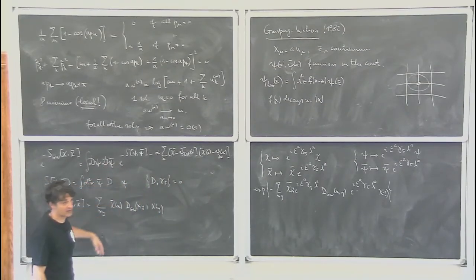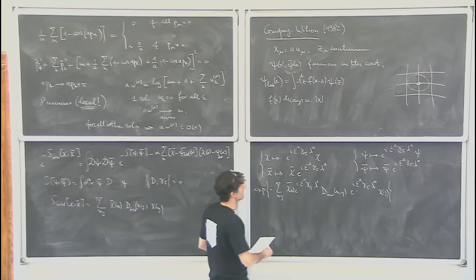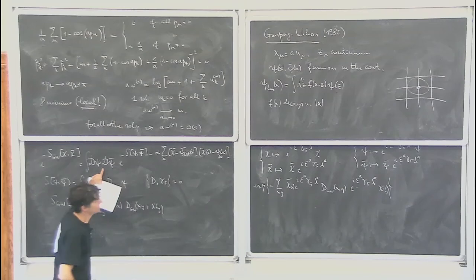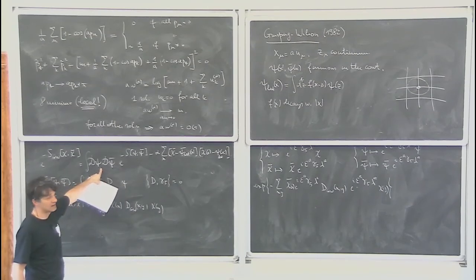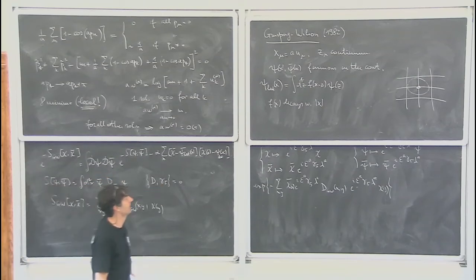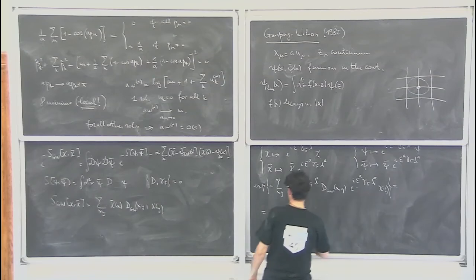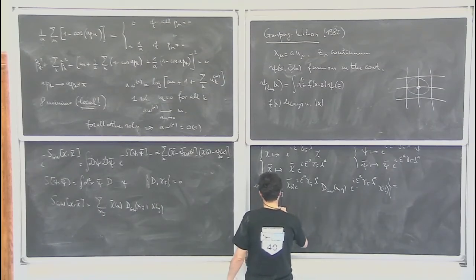I can change the integration variables as I wish. So this is a continuous theory. The measure is invariant under this change of variables. So I get the integral over d psi bar.